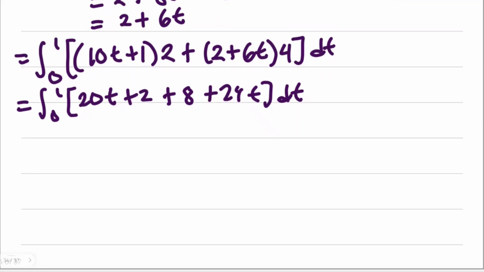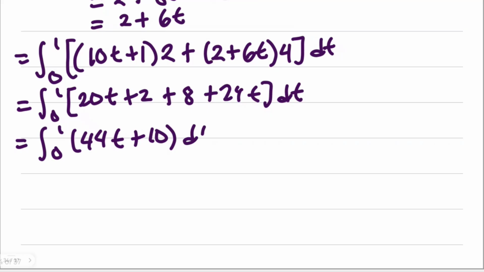Using the linearity property, we can still combine them first. 0 to 1, 20 plus 24 is of course 44t plus 10 of your dt. Okay, so it's now even smaller.